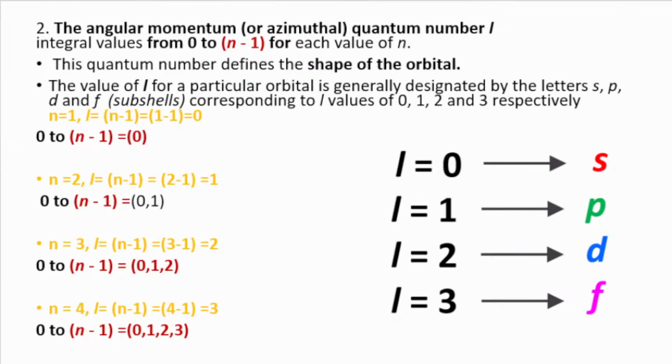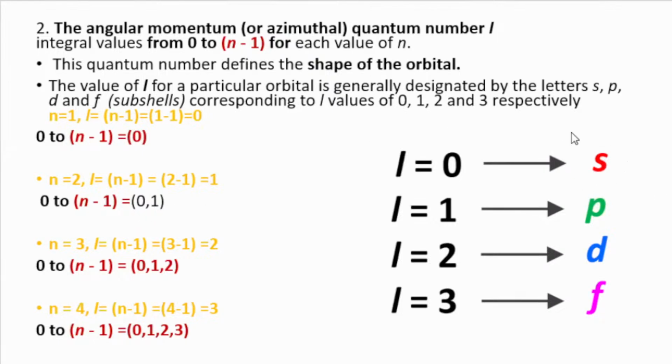Okay, I am explaining about the 1, 4, 9 and 16. For the angular momentum number, we can get the values from 0 to n-1. If n is equal to 1, L will be 0, so it contains the S shape of orbitals. If n is equal to 2, n minus 1 is 1, so it can get 0 and 1.